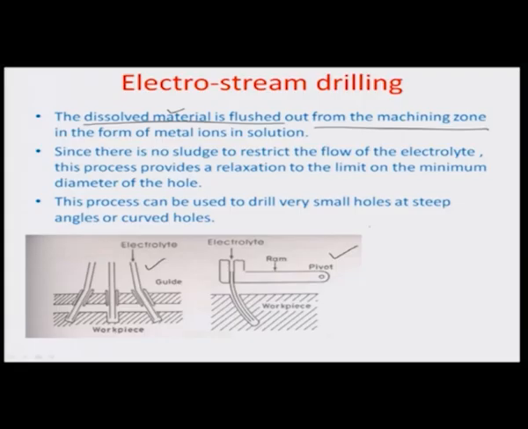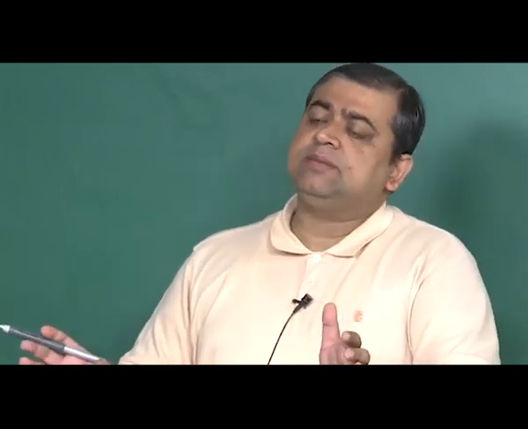And one major difference in this particular ESD case from the ECM is that in the ECM there was a requirement of generating a precipitate as the debris or the byproduct of the electrochemical reaction of the metal, which would cause or furnish metal removal.